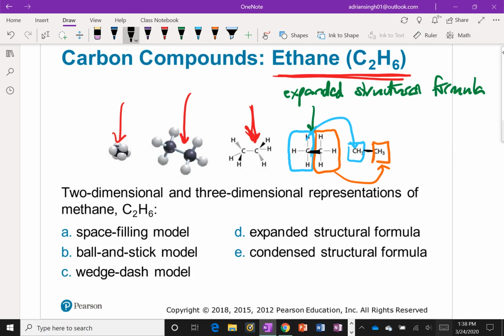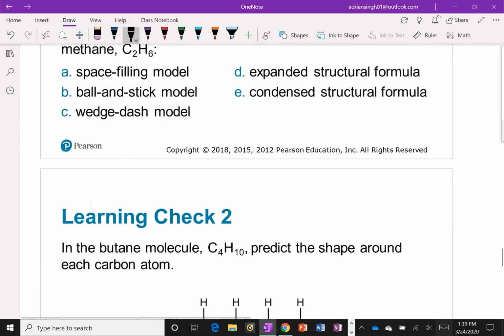So that is how we can convert that expanded structural formula into the condensed structural formula. Notice that when you write the condensed structural formula, it kind of looks like the hydrogen is connected to a carbon. But keep in mind that the carbons have to be connected to each other, even though we write it like that, because hydrogen can only form one bond.